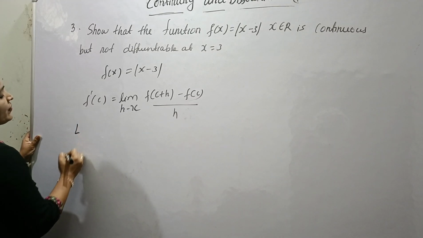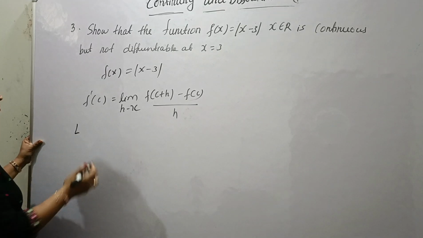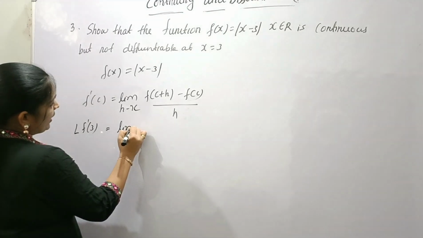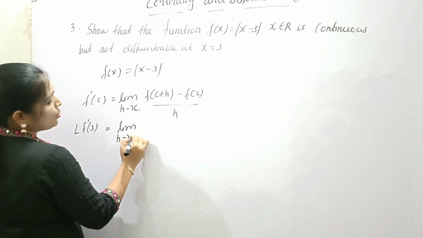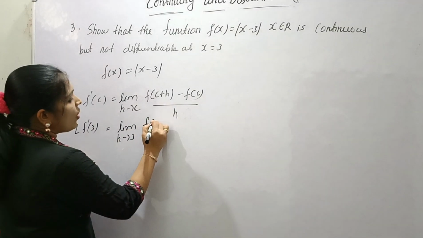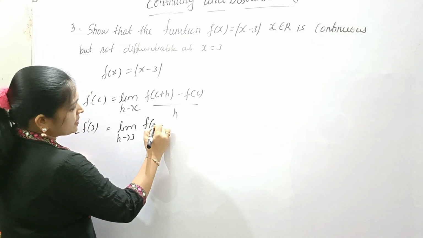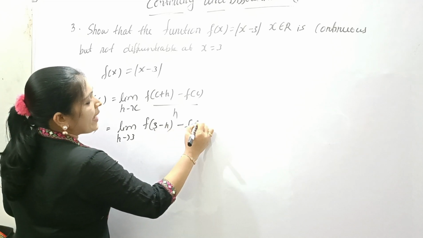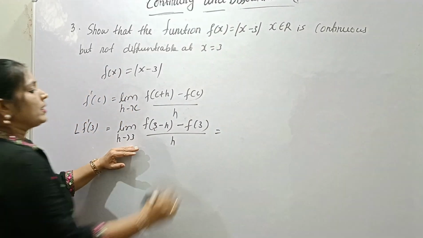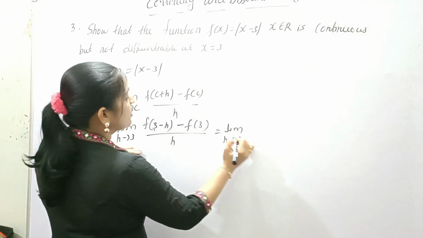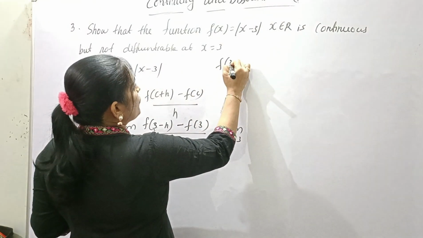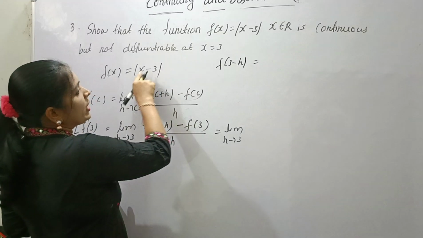Now let us take left hand derivative, that is f dash of 3, that is equal to limit h tends to 0 of f of c minus h, that is f of 3 minus h, minus f of 3 divided by minus h. What is f of 3 minus h? f of x is modulus of x minus 3. So f of 3 minus h, substitute x is equal to 3 minus h.